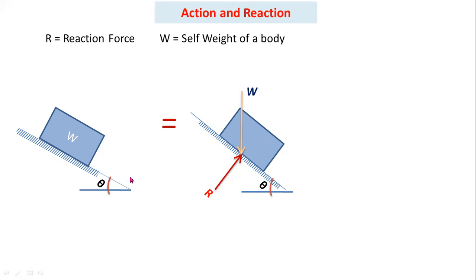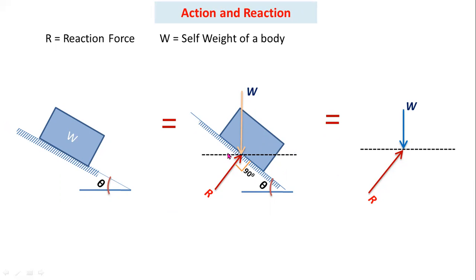Here the support is the inclined plane, so you have to consider 90 degrees with respect to the inclined plane. So this reaction force always makes an angle 90 degrees with respect to the support. Now this is the self weight and this is the reaction force.